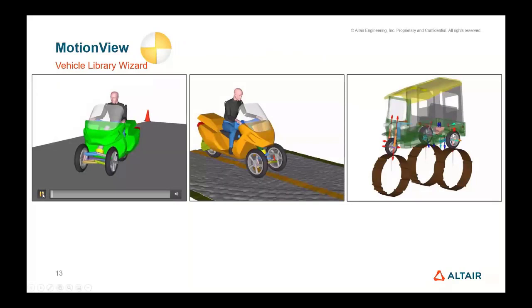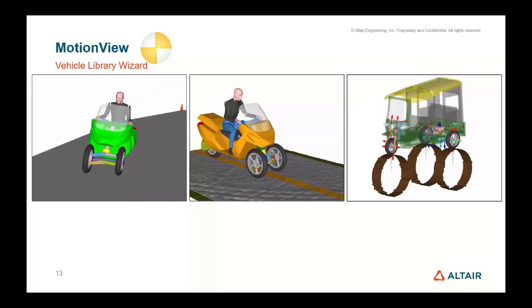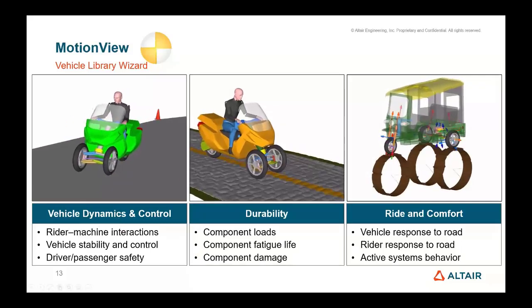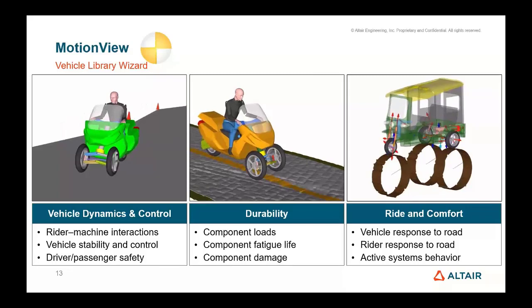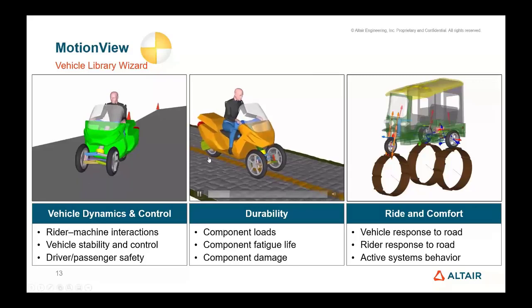Like we're talking about the vehicle library wizard, you're not just limited to looking at cars. You can also look at two-wheelers and three-wheelers as well, for your vehicle dynamics and control. So if you wanted to look at your rider-machine interactions, your vehicle stability when cornering, and any driver and passenger safety, you can focus on that. You can also start looking at durability.